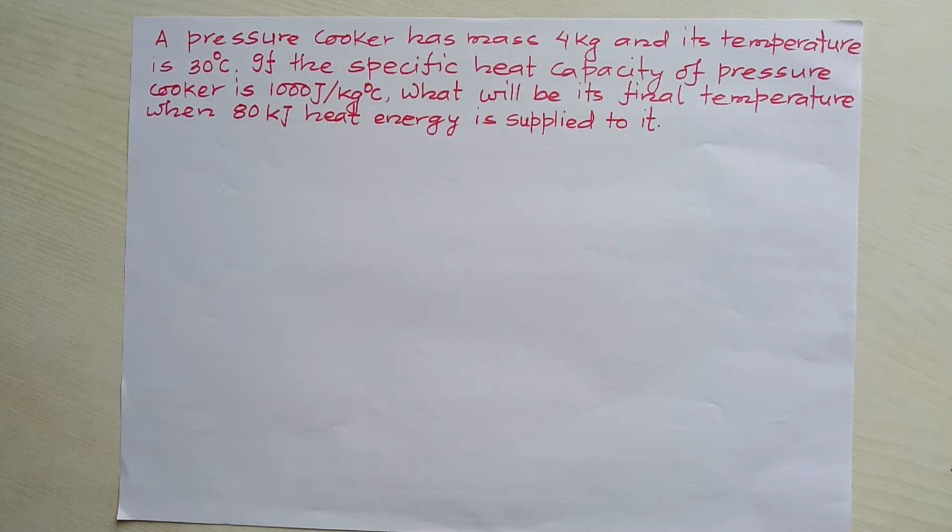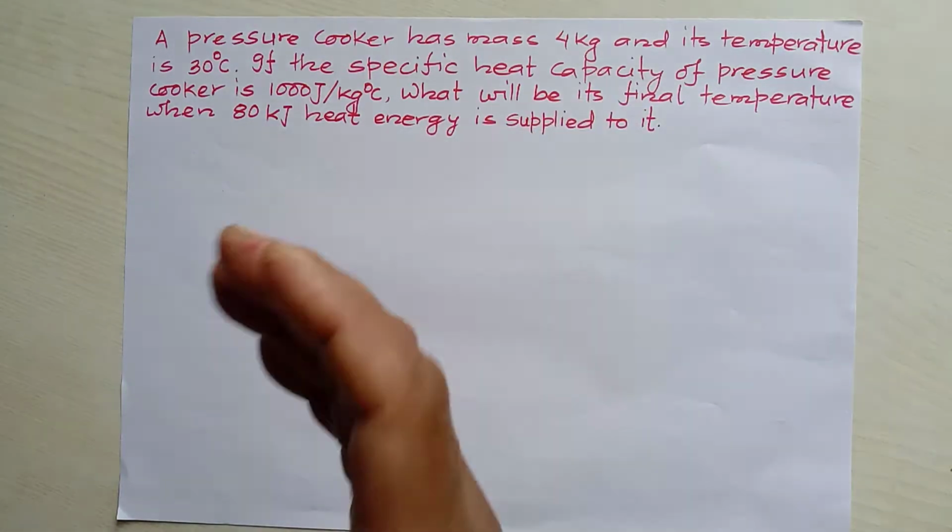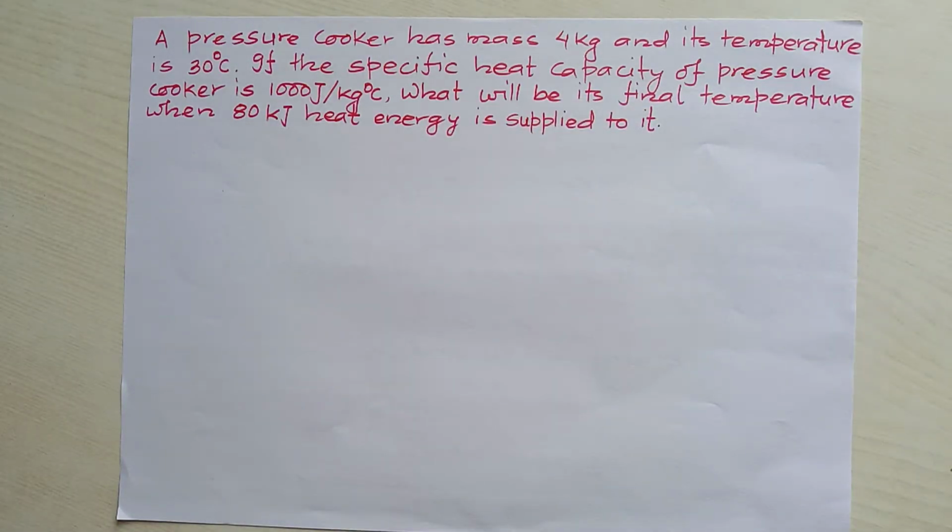Sometimes some students feel that numerical problems are a difficult part of their study. This is wrong. If we write the information given in the numerical problem, then the same problem becomes very comfortable for you, and that's why let's first write what is given in this numerical problem.